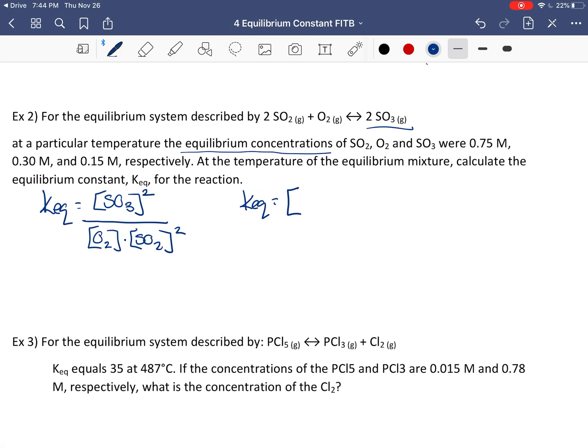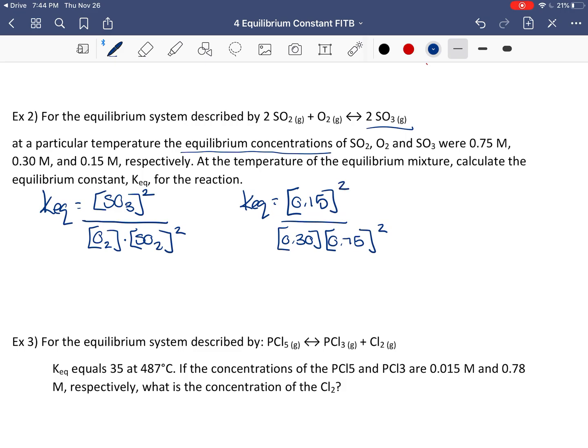So our concentration of SO3 is 0.15. Our concentration of O2 is 0.30. And our concentration of SO2 is 0.75, and that is also squared. Oops, I forgot my squared in my numerator.